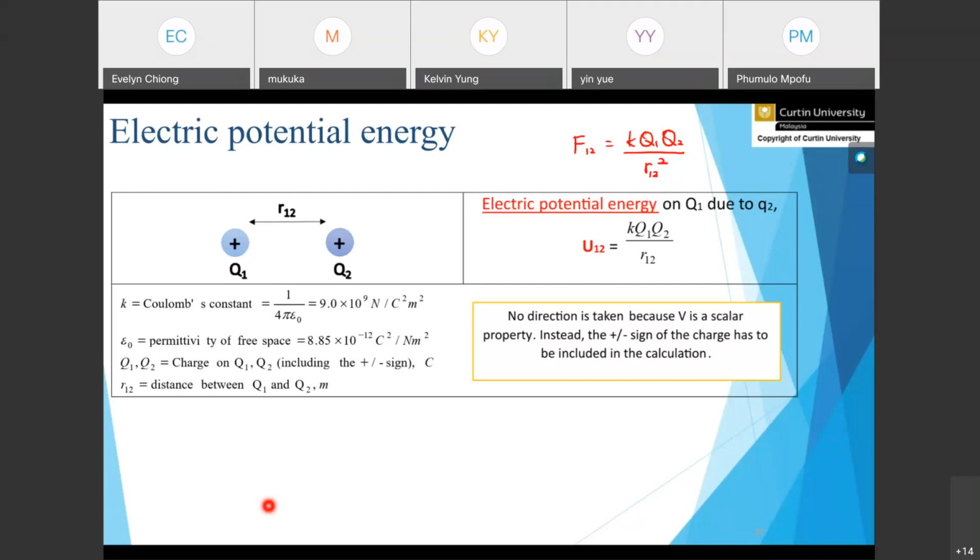So it is K Q1 Q2 divided by R, just R. Now electric field and electric force, they are vectors, right? So they have magnitude and direction. But electric potential energy, this one U, is a scalar, so there is only magnitude. Only.